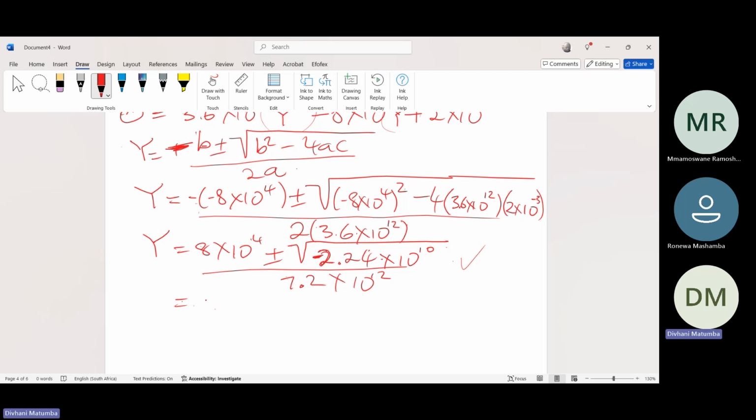If you type this portion, it will give you an error. 8 times 10 to the power of 4, plus or minus an error, divided by 7.2 times 10 to the power of 12.